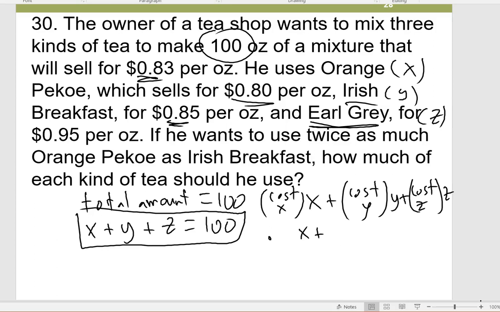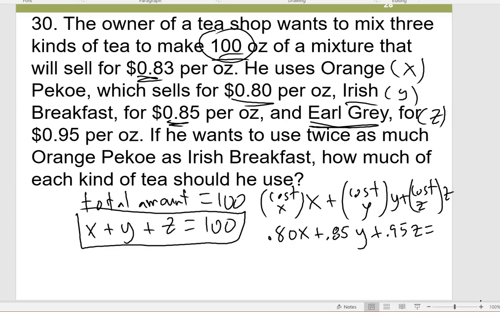Okay. Irish breakfast is 85 times the amount. The cost of Earl Grey is 95 cents times Z. And what will that equal? Well, it's going to equal the 100 ounces times its value.